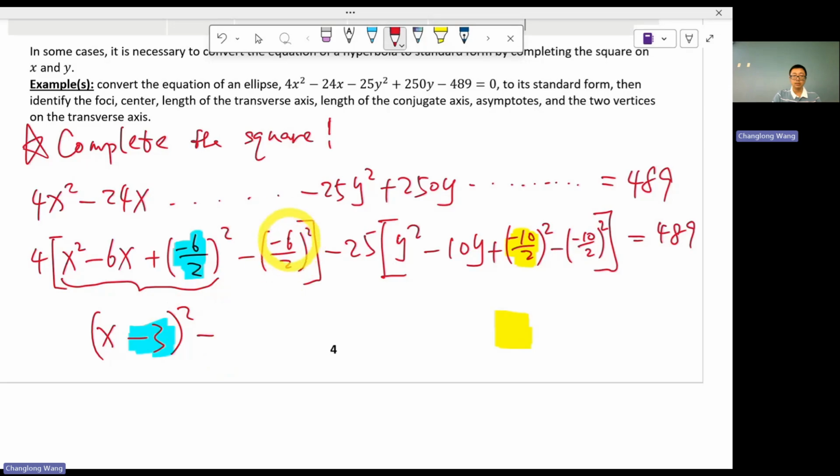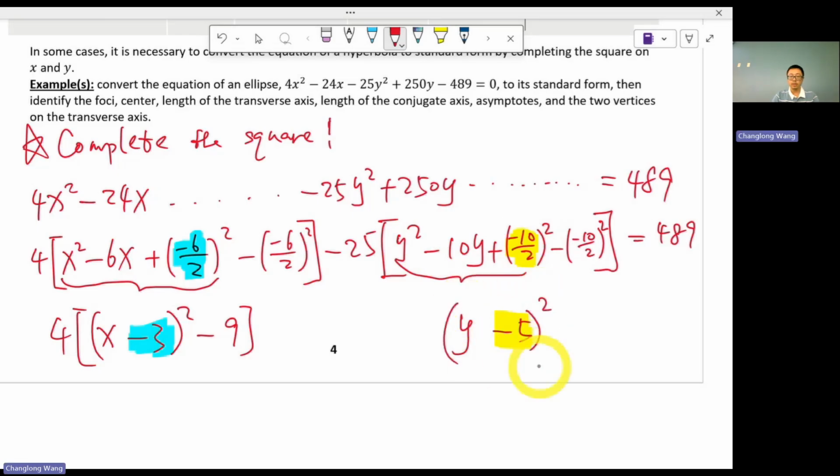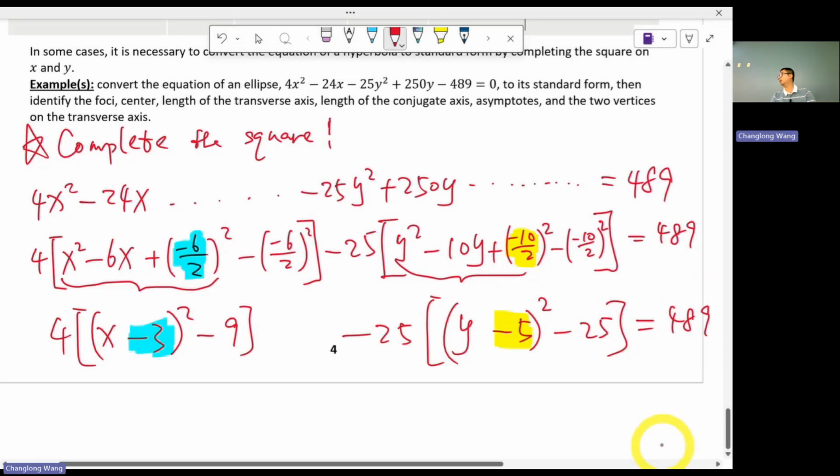Then minus, this is -3 squared, +9, right? You're gonna subtract the 9. Don't forget you still have the bracket and the 4 in front. Okay. Now come over here. Those three terms can be factored as y, right? Starts with y, and then you have -10 over 2, which is -5. Close the parentheses, square it, right? Here you have -5 squared will be +25, but you should subtract it, so it'll be -25. Bracket, -25, right? And it will be 489. Right? You guys okay so far?